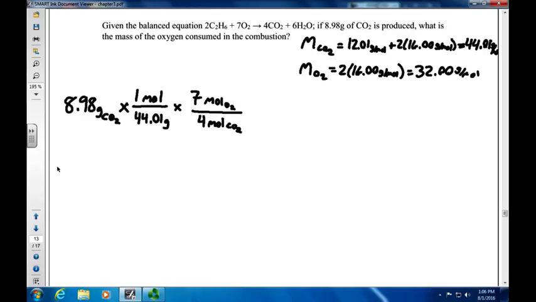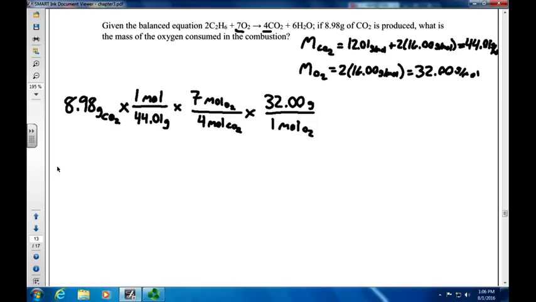I got those numbers from the chemical equation: there are 7 moles of diatomic oxygen and 4 moles of carbon dioxide. Then multiply that by 32.00 grams over 1 mole of O2.